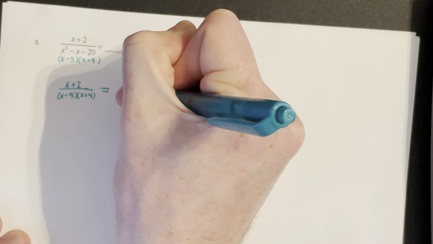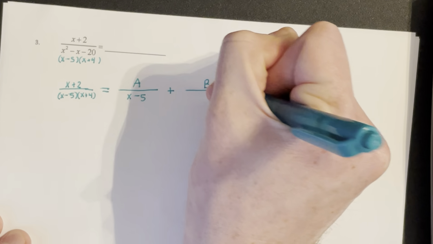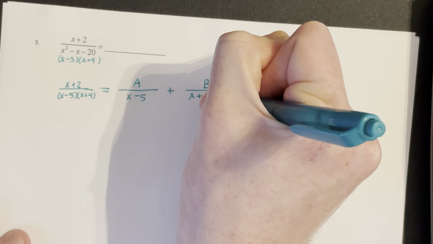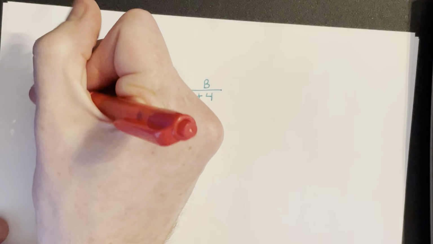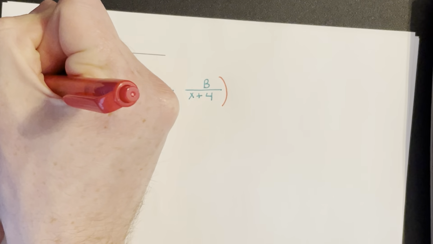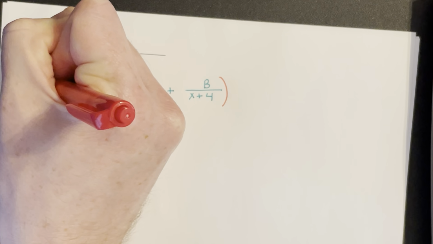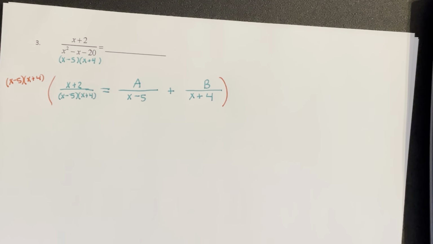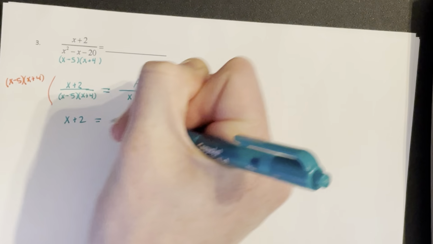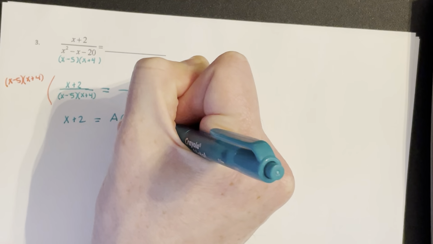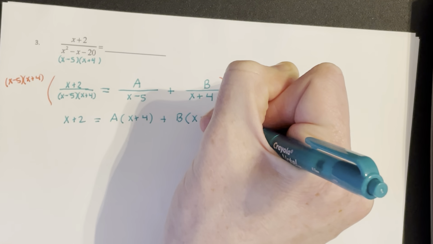So a over x minus 5 plus b over x plus 4. If I take that and multiply by that common denominator, x minus 5 times x plus 4, this would leave us with just x plus 2 equals a times x plus 4 plus b times x minus 5.